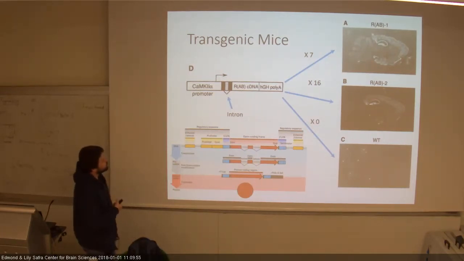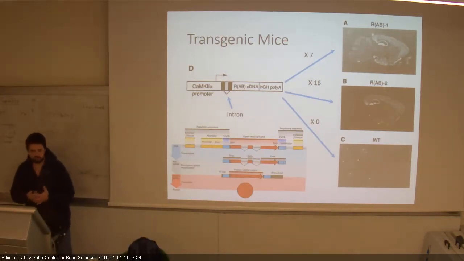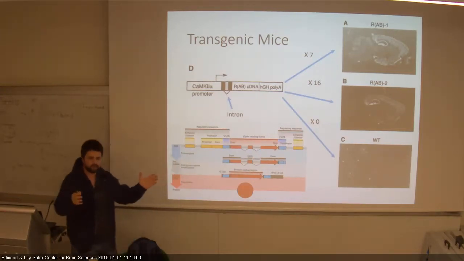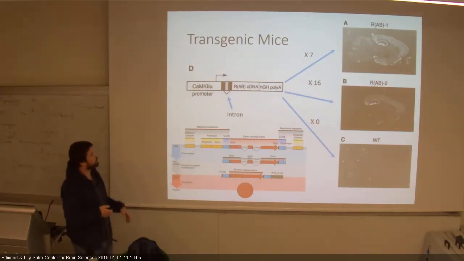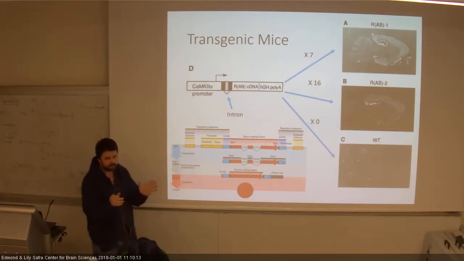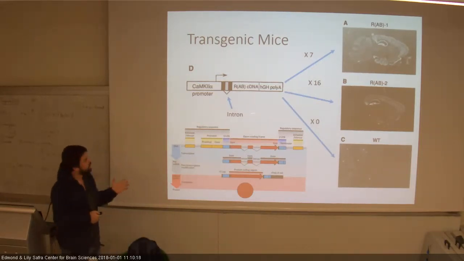And back then, it was very hard to define which part of the promoter is important for transcription. So they had to take huge chunks of DNA that they knew are behind the CAMK2A gene, and just put them in to make sure that they have all the elements that are important for the transcription of that gene.